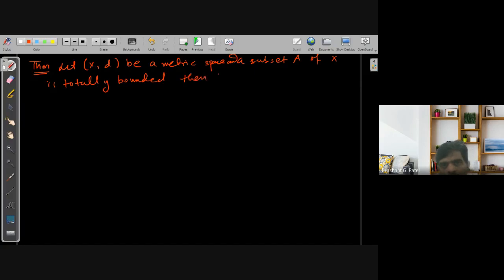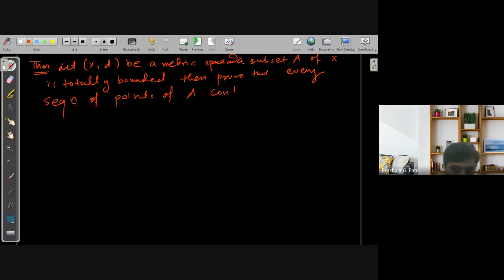Then prove that every sequence of points of A contains a Cauchy sequence. That means if you consider any sequence of A, it will contain a Cauchy sequence.